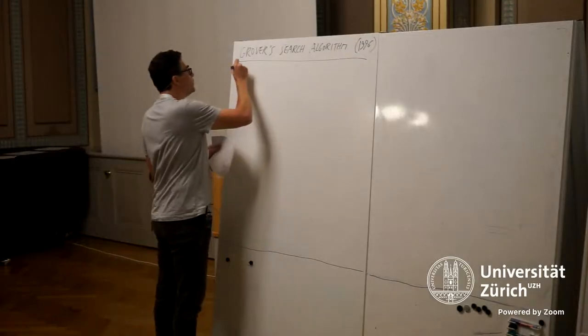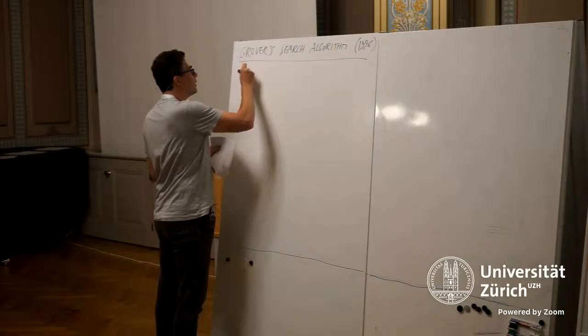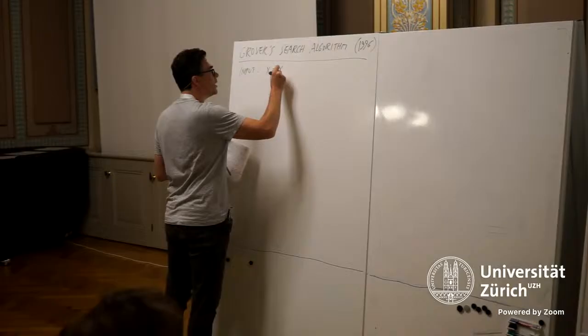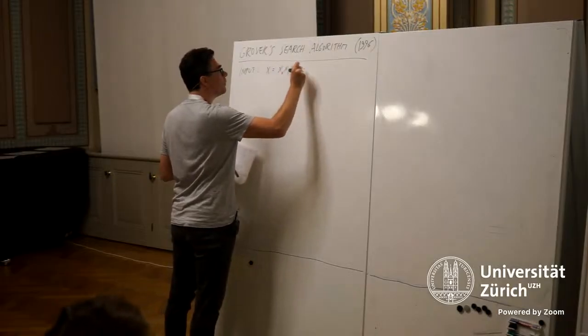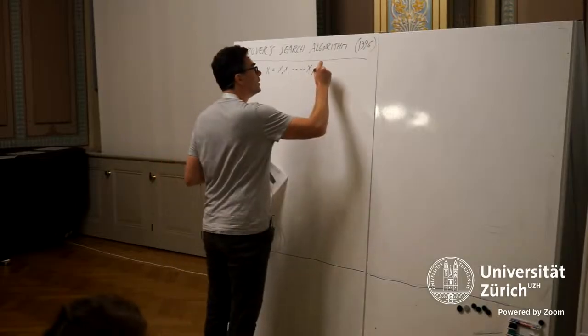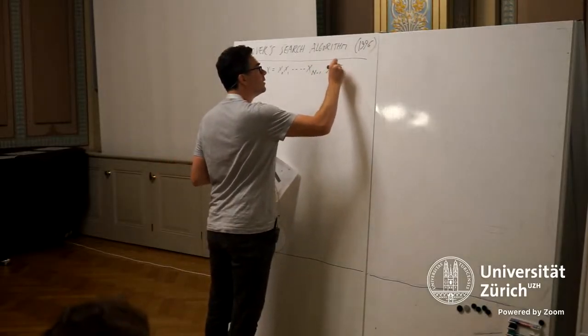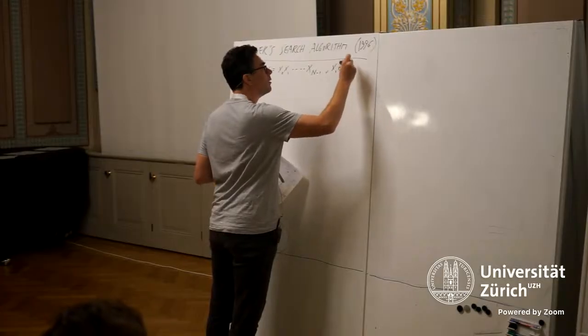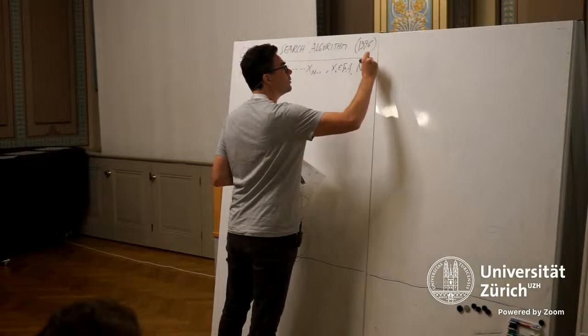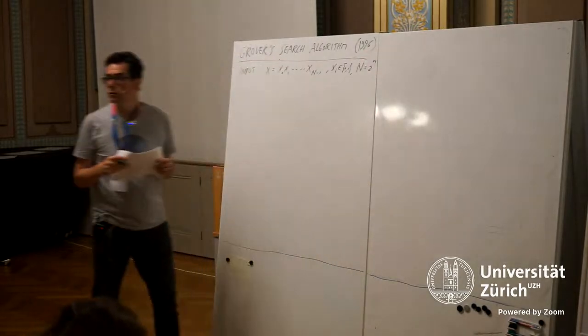So the input is a string of capital N bits, x_1 through x_N. This is very similar to what happened in the Deutsch-Jozsa problem. Each x_i is a bit. Let's assume that capital N, which is going to be the size of our search space, is 2 to the power little n.